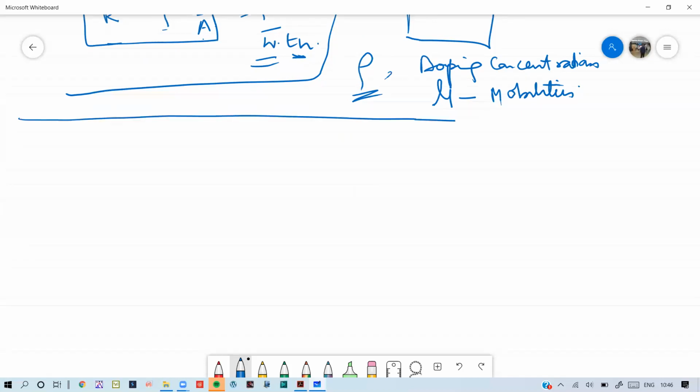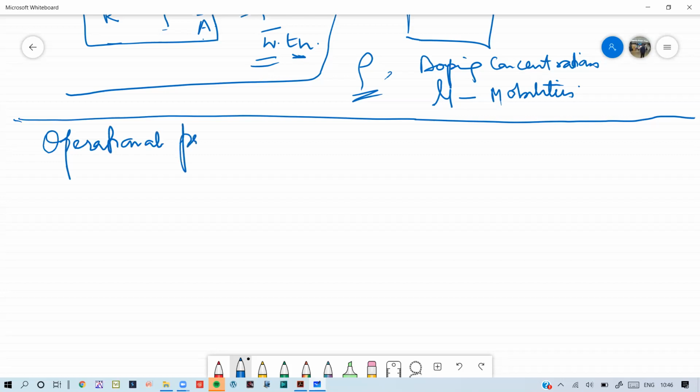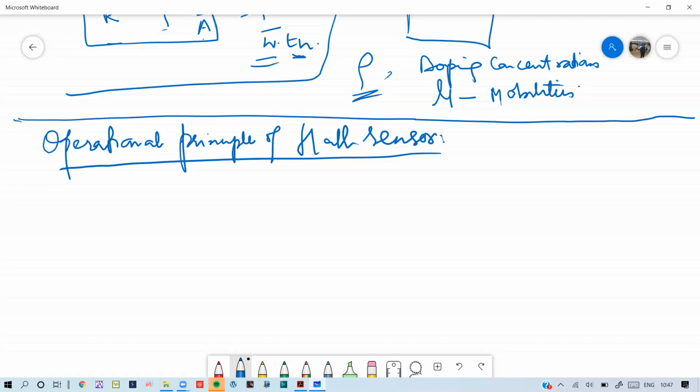How is the Hall sensor operating? What is the operating principle of Hall sensors? The simple principle is that they work on the Hall effect, which we have discussed above.